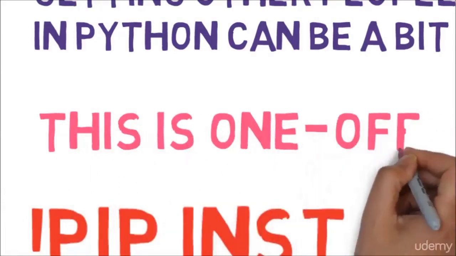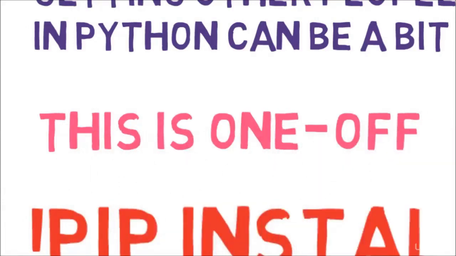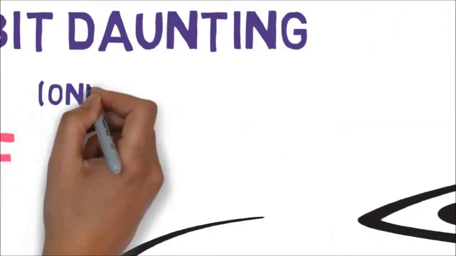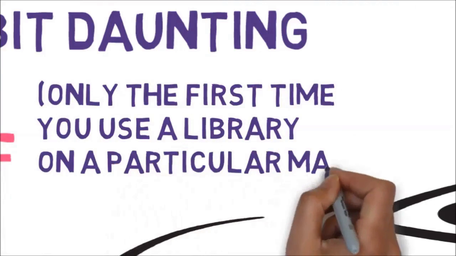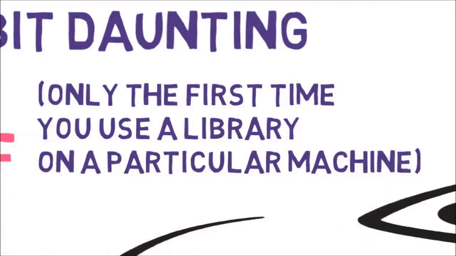You need to do it exactly once. Say you use the matplotlib library in some other Python program, you don't need to run pip install once again if you're using the same IPython, maybe it's a different notebook. Only the first time you use the library on a particular machine is when you need to run pip install.